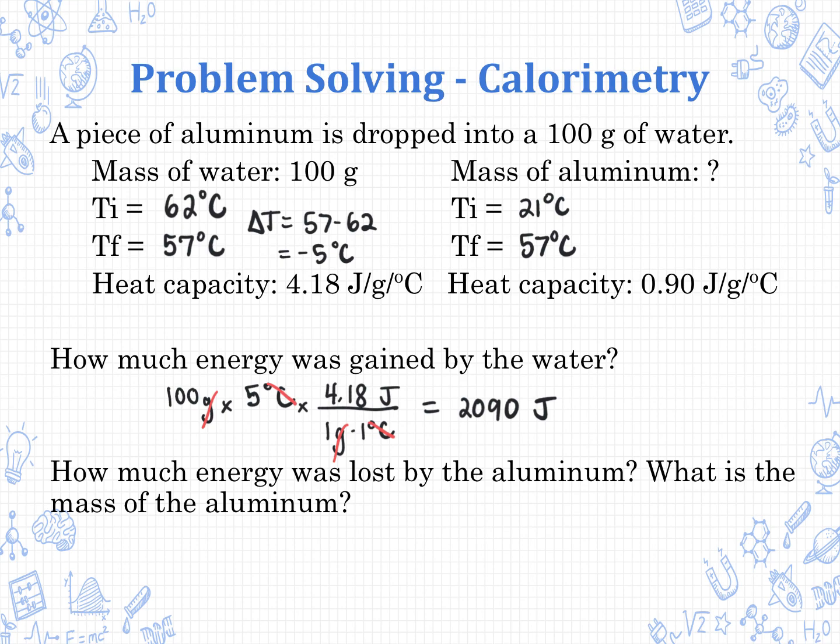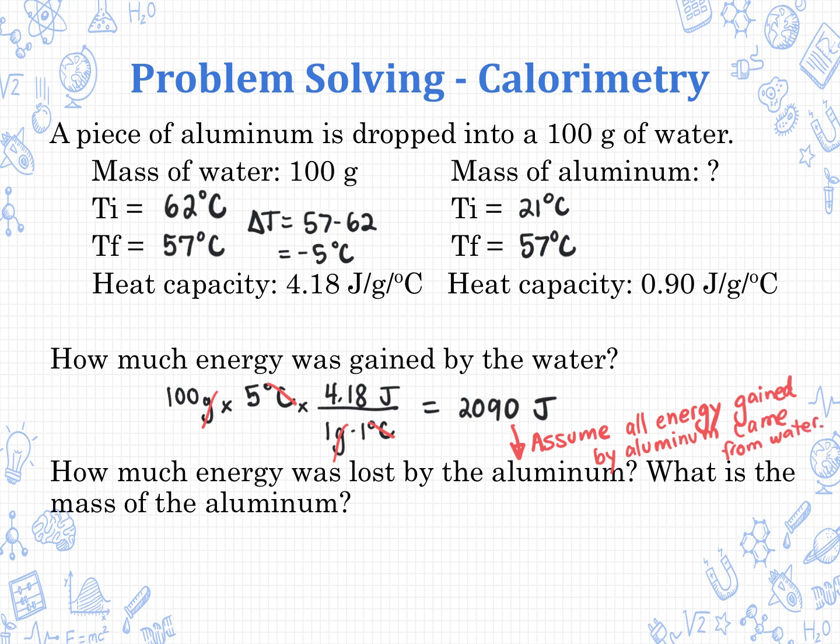The aluminum, since this is calorimetry and we are making a big assumption, we are assuming that all energy gained by the aluminum came from the water. So all of that energy we're hoping went to the aluminum, all those 2,090 joules.